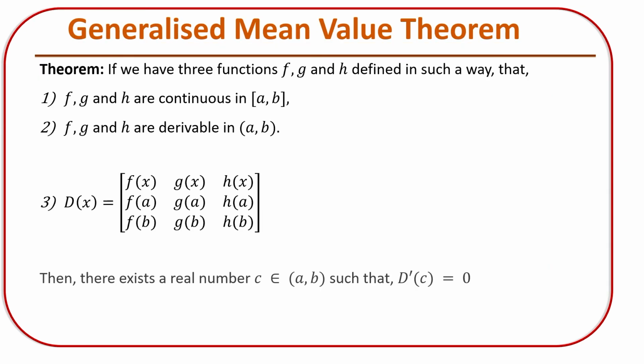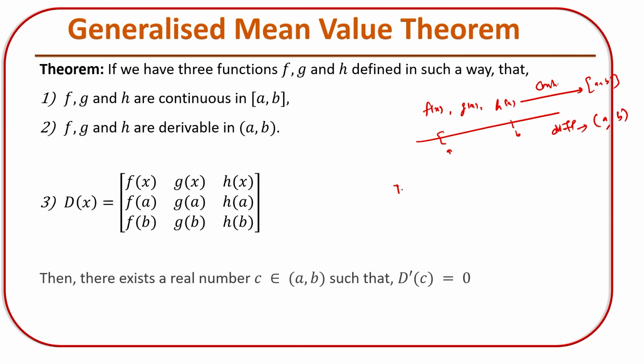And for the generalized mean value theorem, we have taken three functions, f of x, g of x, h of x in a closed interval [a, b], and all three functions are continuous in the closed interval [a, b] and differentiable in the open interval (a, b). Then we defined a determinant D of x with rows x, f of x, g of x, h of x, and their endpoint values f(a), f(b), g(a), g(b), h(a), h(b).